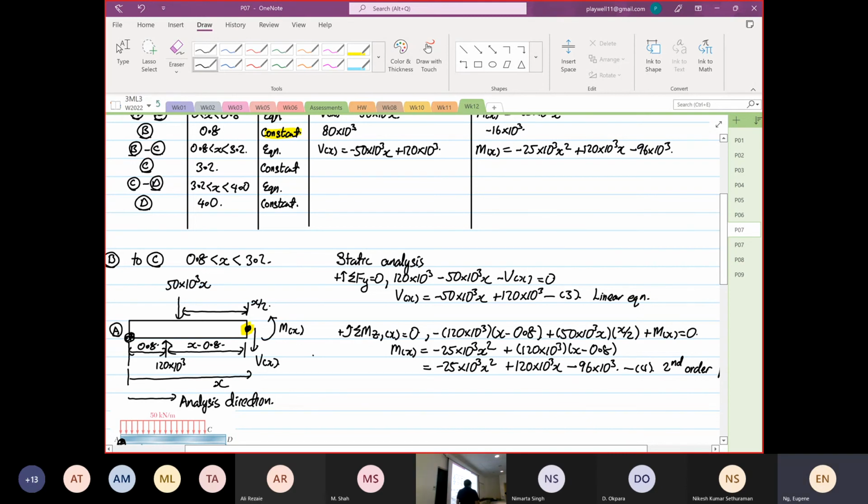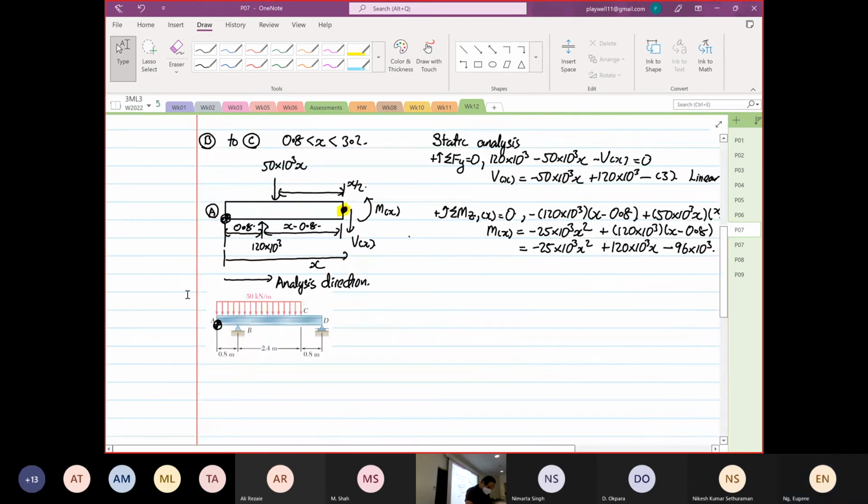Next, we are going to do point C, and point C we are going to do from right to left. Okay, point C we're going to do right to left analysis. So next we are going to look at point C. Point C is where x is equal to 3.2. So it's going to be a constant.